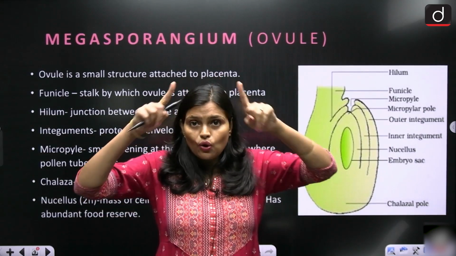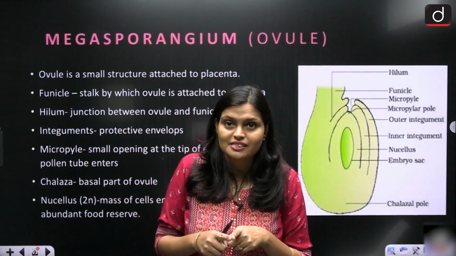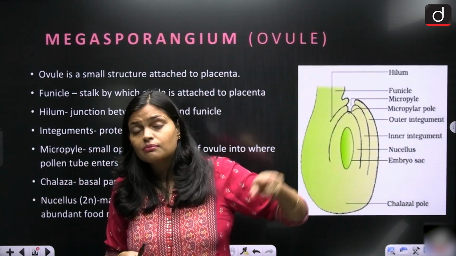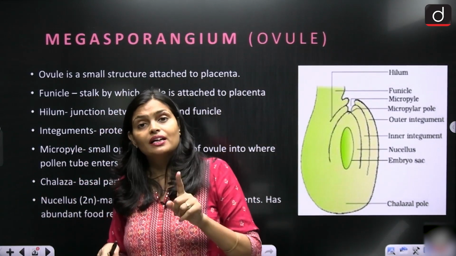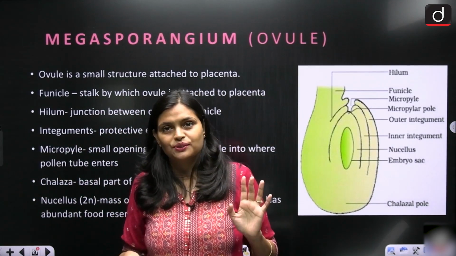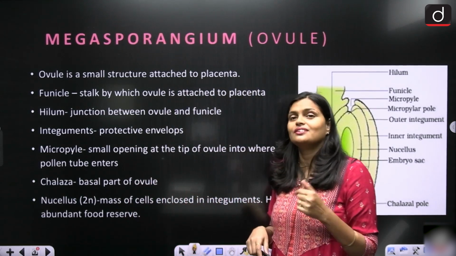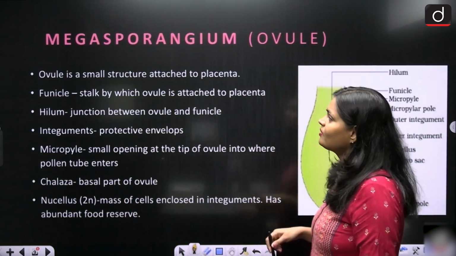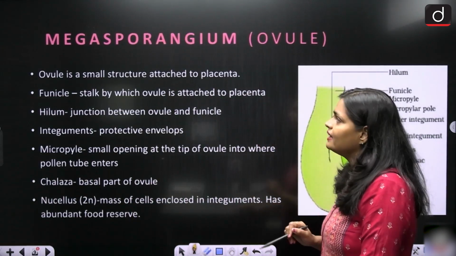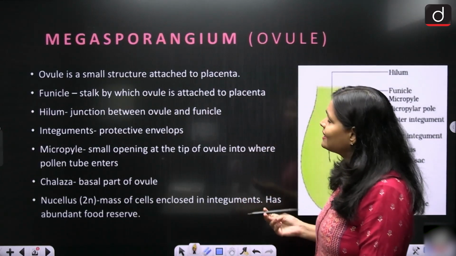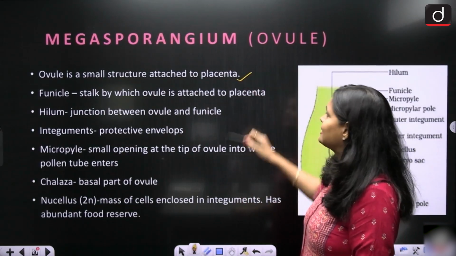So within the ovary you have megasporangium, within the anther you have microsporangium. ओवरी के अंदर आपको मिलेगा megasporangium, which is also known as what? Ovule. Ovule is a small structure attached to placenta.